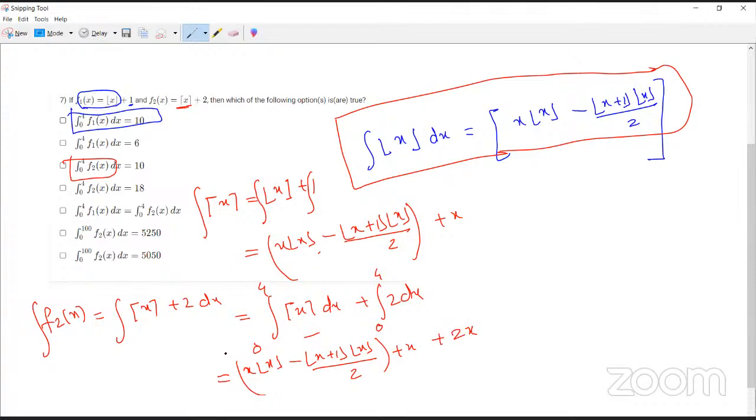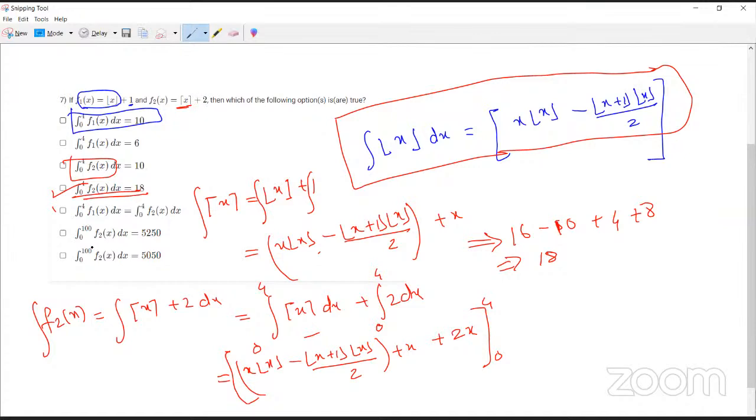Now we put the limit, integral 0 to 4. What is 4 into 4? That is 16. 5 into 4 is 20, 20 by 2 is 10. Plus 4, plus 8. And 0 will be 0. So 18, and we just add 8 to the previous answer. So this will be the answer, right?